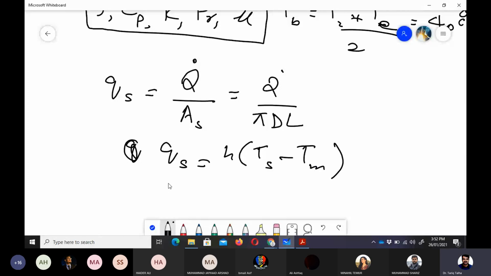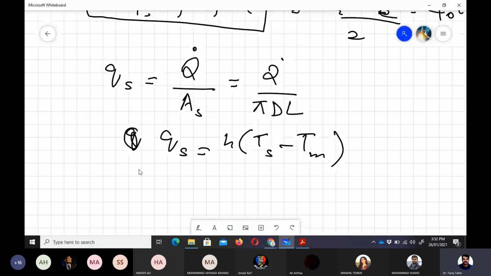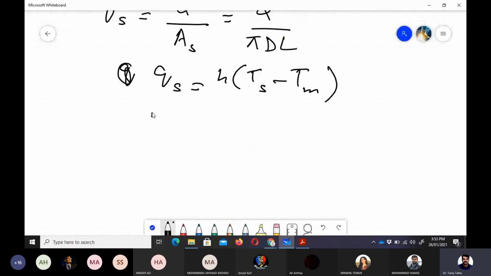Right. So now from here, if we want to calculate Ts at the outlet, that would be equal to Ts at the exit plane, where e represents the exit plane. That would be equal to Tm at the exit plane plus Qs upon h.